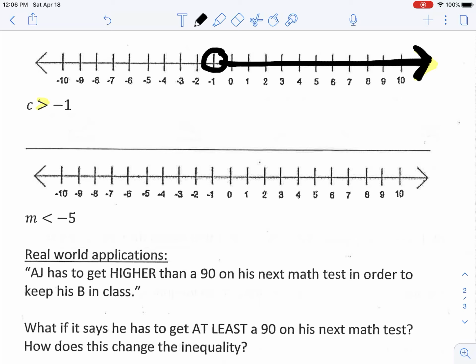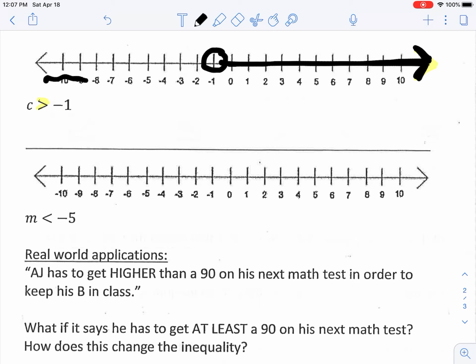All right, so let's think about what this could mean. The temperature outside was greater than -1. If the temperature is greater than -1, it can't be -1. So this is when we go back to an open or a closed circle. And this is going to be an open circle because if the temperature was greater than -1, the temperature can't be -1.